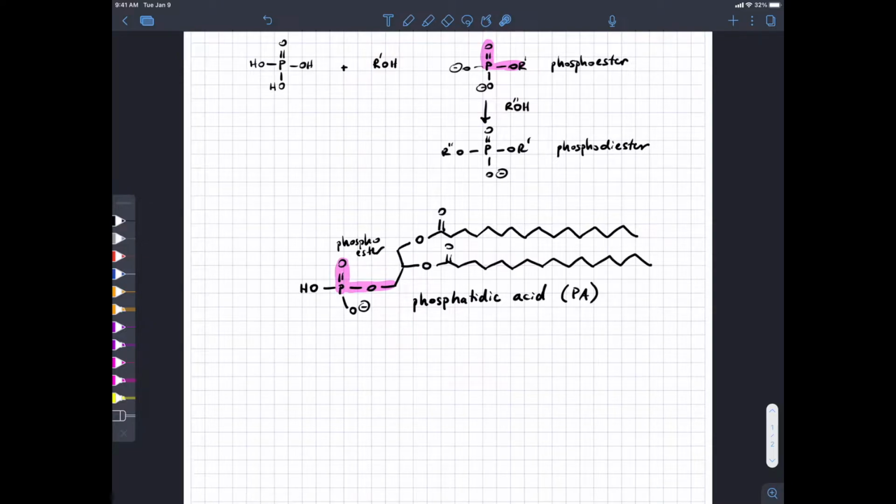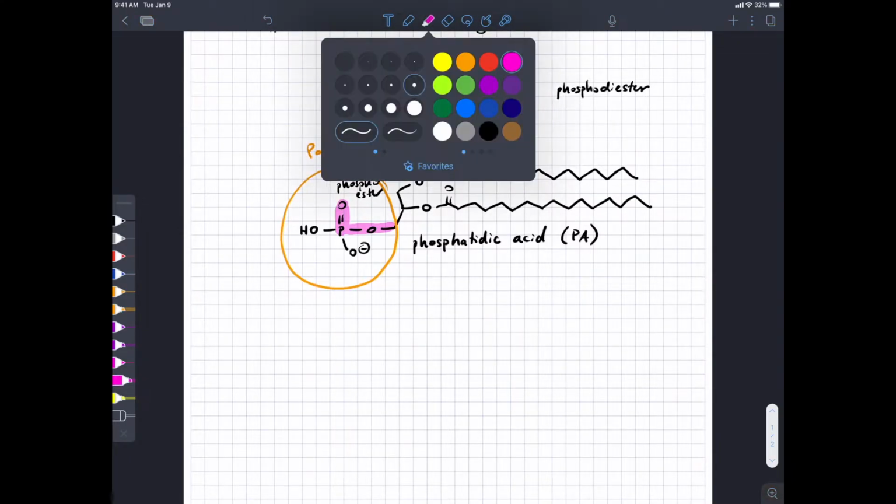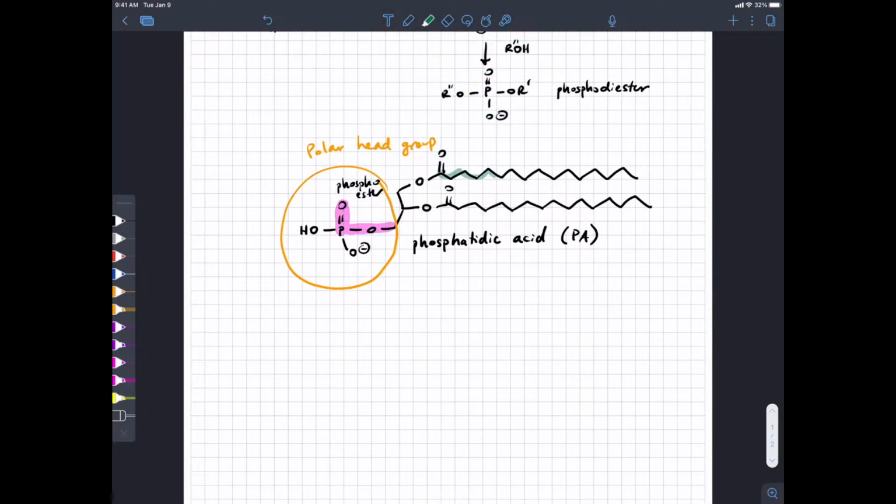That's not found very much in eukaryotic cell membranes because we will actually replace the OH group in phosphatidic acid with another alcohol. But the general structure of this molecule involves what we will call a polar head group and then two nonpolar tails.